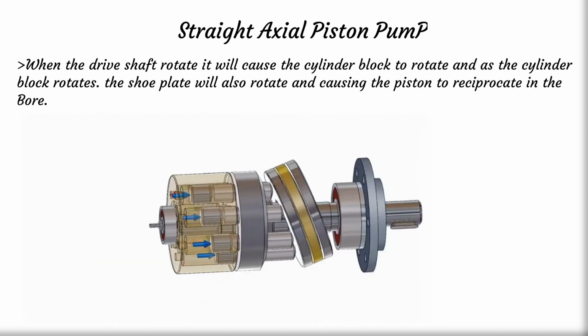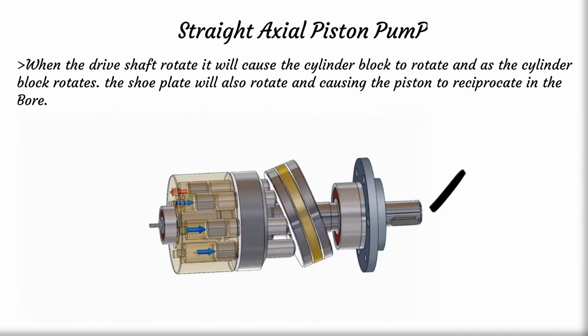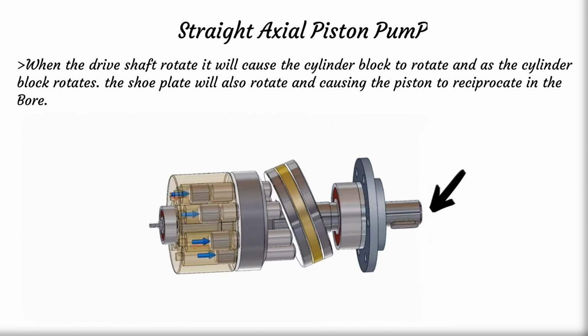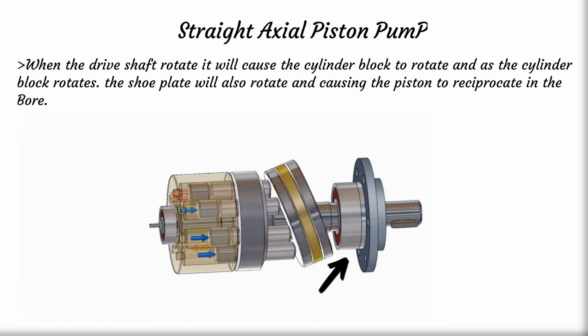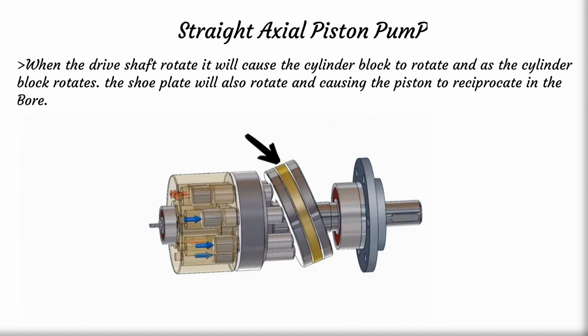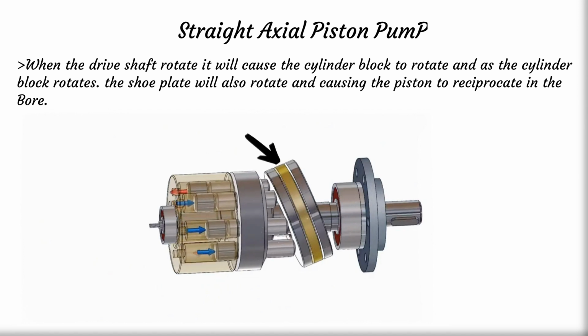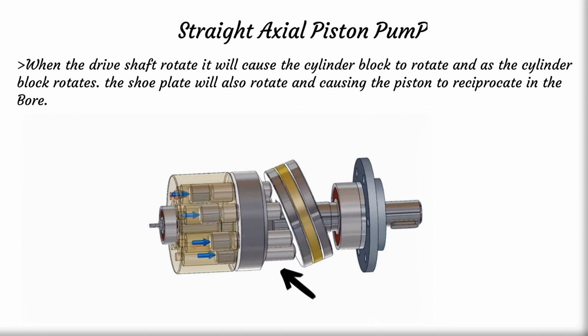When this green colored drive shaft is rotated, it will cause the cylinder block to rotate, and as the cylinder block rotates, the shoe plate will also rotate, causing the piston to reciprocate in the bores.